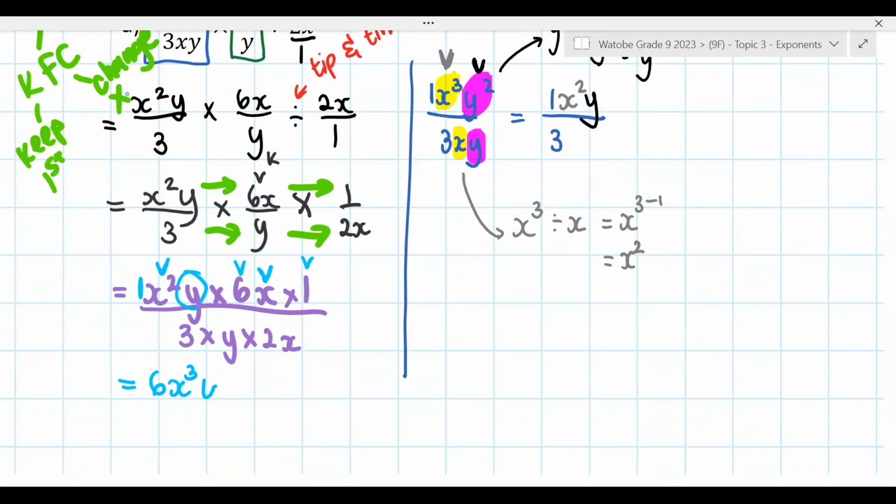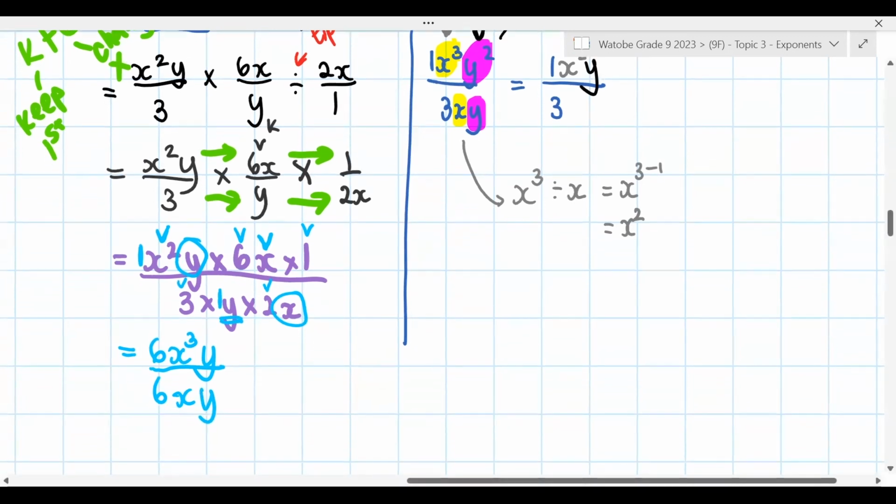Shame. He's all by himself, but that's fine. He just stays there. Then in my denominator, same thing. Signs, everything's positive, sorted. Numbers, 3 times 1 times 2 gives me 6. I've only got one x, and I've only got one y, so 6xy in my denominator.